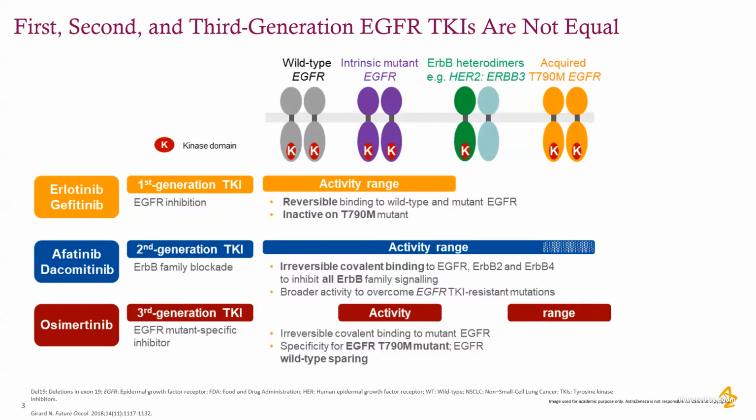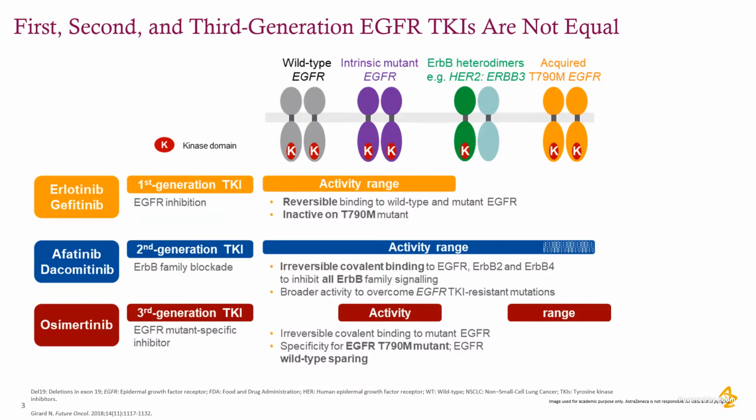So we have first, second, and third generation EGFR TKIs now available. Definitely, these are not equal. In the first generation we had erlotinib, gefitinib; in the second generation we had afatinib, dacomitinib; and in the third generation we had osimertinib.